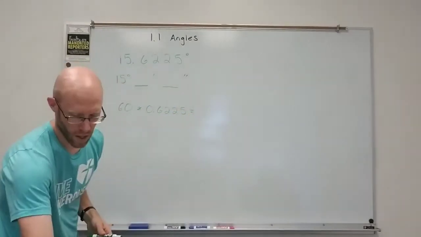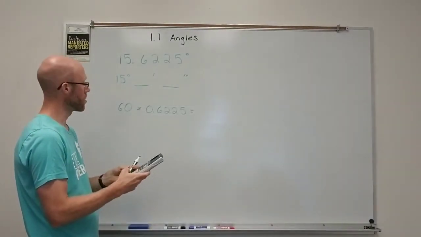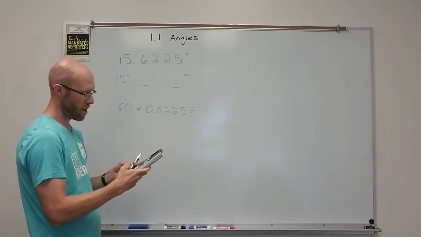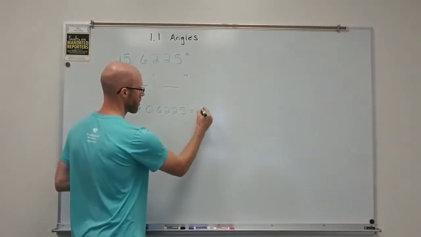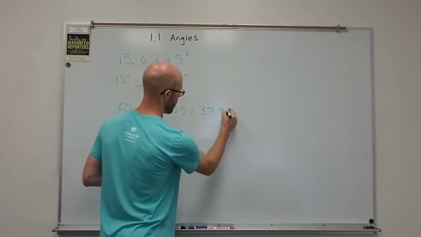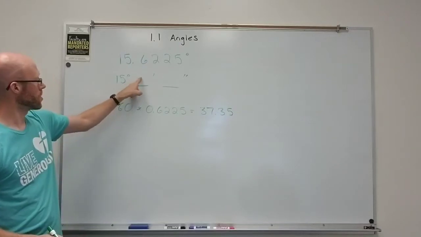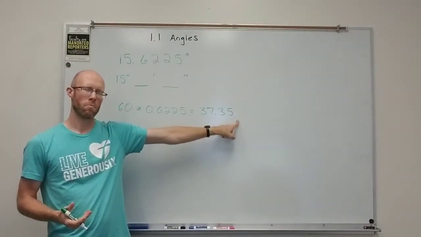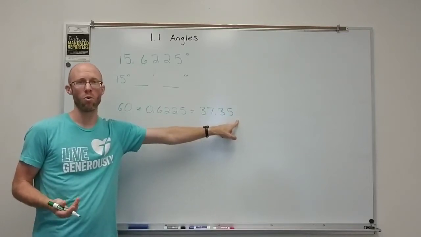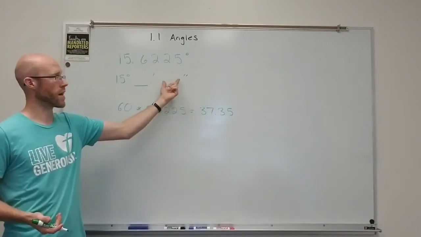And again, I throw that in the calculator, 60 times 0.6225, and I get 37.35. Okay, so this would really be 37.35 minutes, but we really are only interested in the whole number of minutes because the 0.35 is actually going to represent the number of seconds.